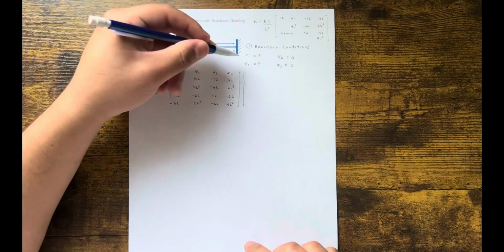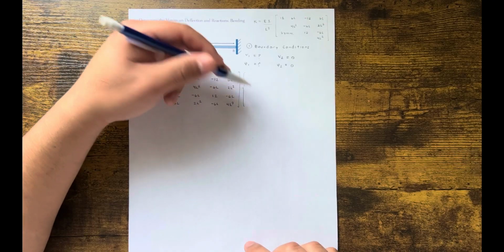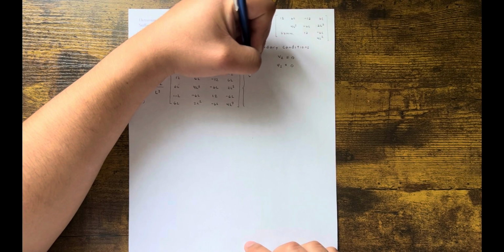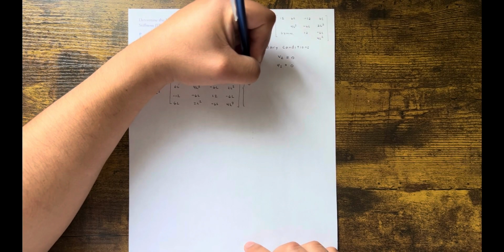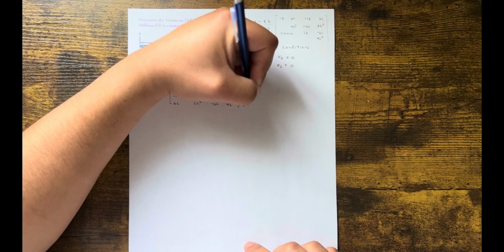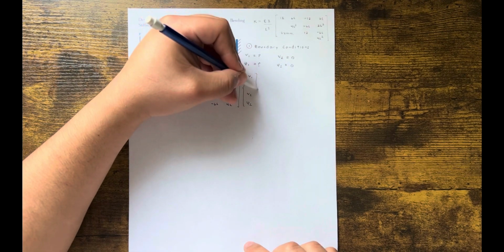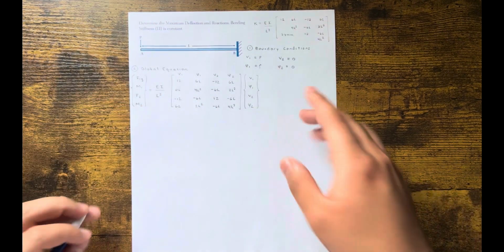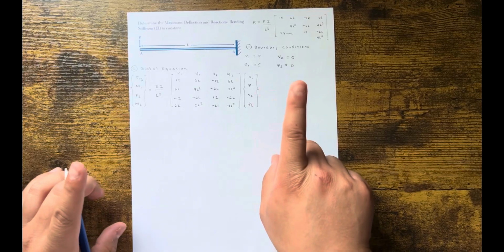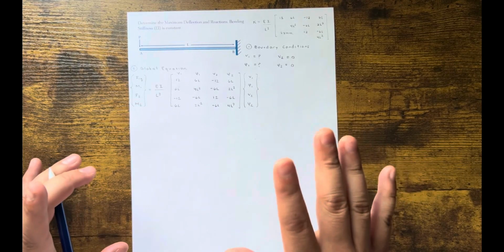In this case, it's V1, Phi1, V2, Phi2, right? So V1, we have no idea what it is. So we're going to go ahead and put V1, Phi1, V2, Phi2, okay? All right, so now you start plugging in this. Remember, you either know this one or this one, but you never know both, and you never know none. I hope I said that right.